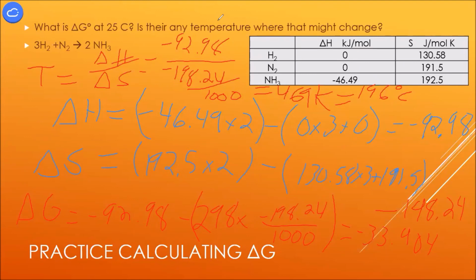In terms of this, if we cool this down, we are effectively lowering the effect of the T delta S. If this goes from 298 to say 200, you're giving a more spontaneous reaction. We're allowing this effect to have a smaller effect on the spontaneity.